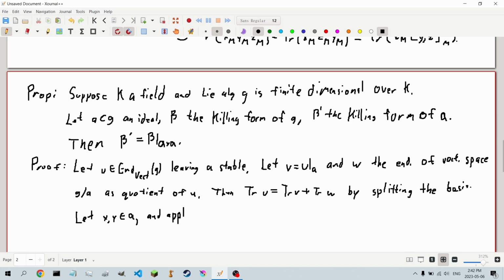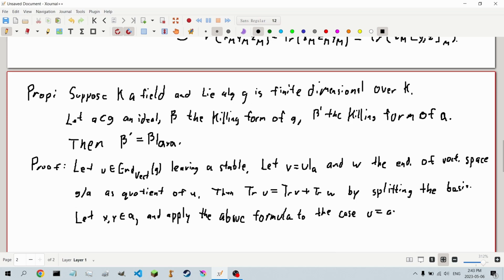I don't know what that's referring to yet. I think that's just referring to splitting up the trace.